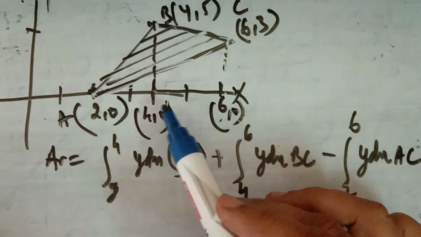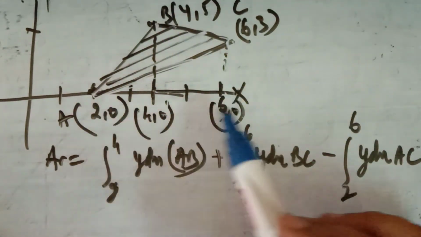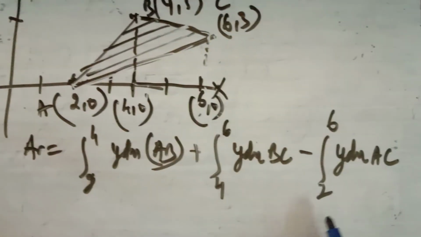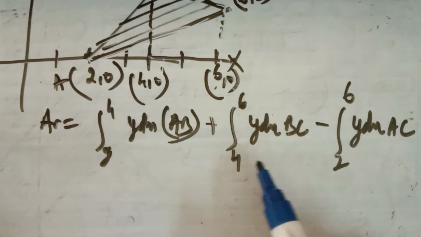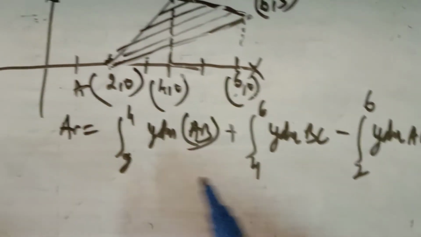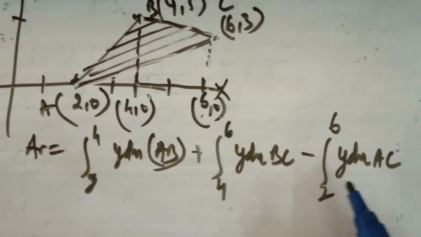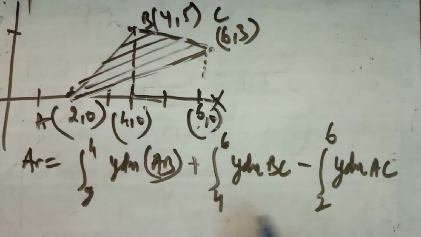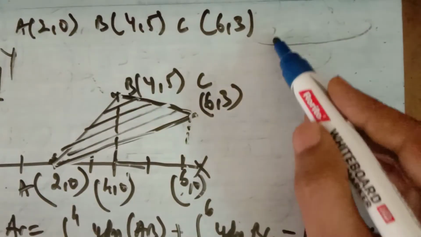So the area under AB and BC, and subtract AC from the limit 2 to 6, and you can find this area. Now y is not given, and we have done this type of question. First of all, you have to find the equation of AB, then the equation of BC, the equation of AC, each passing through 2 points.